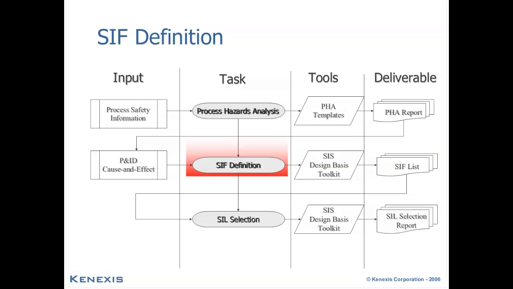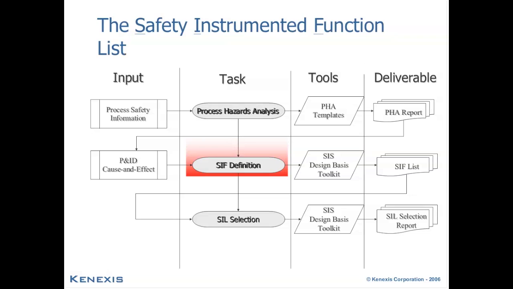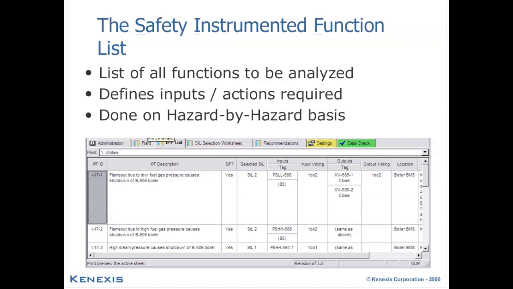We use certain information from the PHA report, as well as P&IDs and cause and effect diagrams as the basis for developing that list of safety instrumented functions. And we provide it in a format where we define those safety functions based on all the hazards that are intended to be protected by the system.